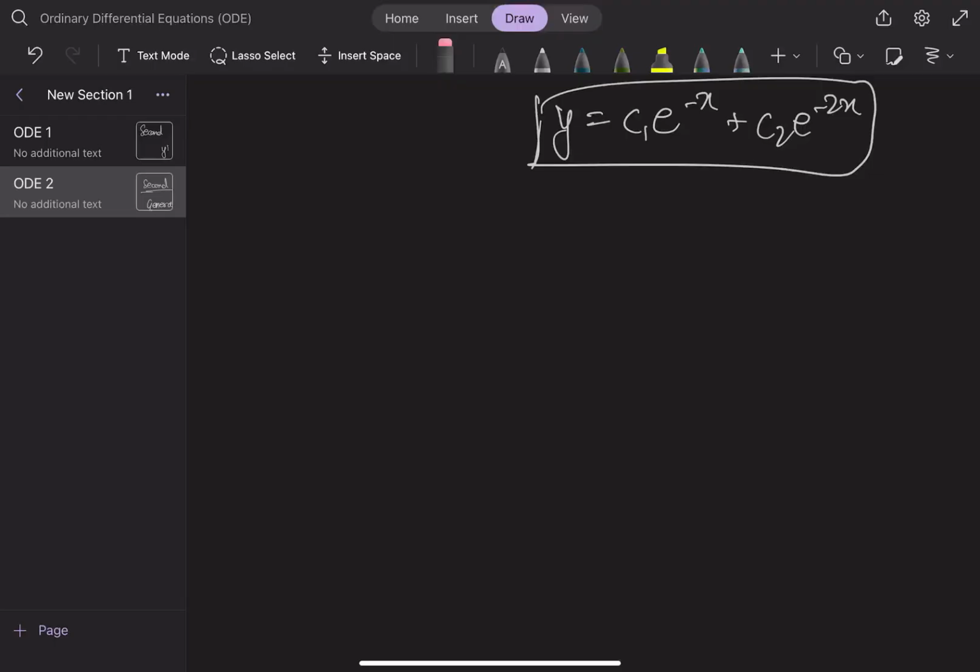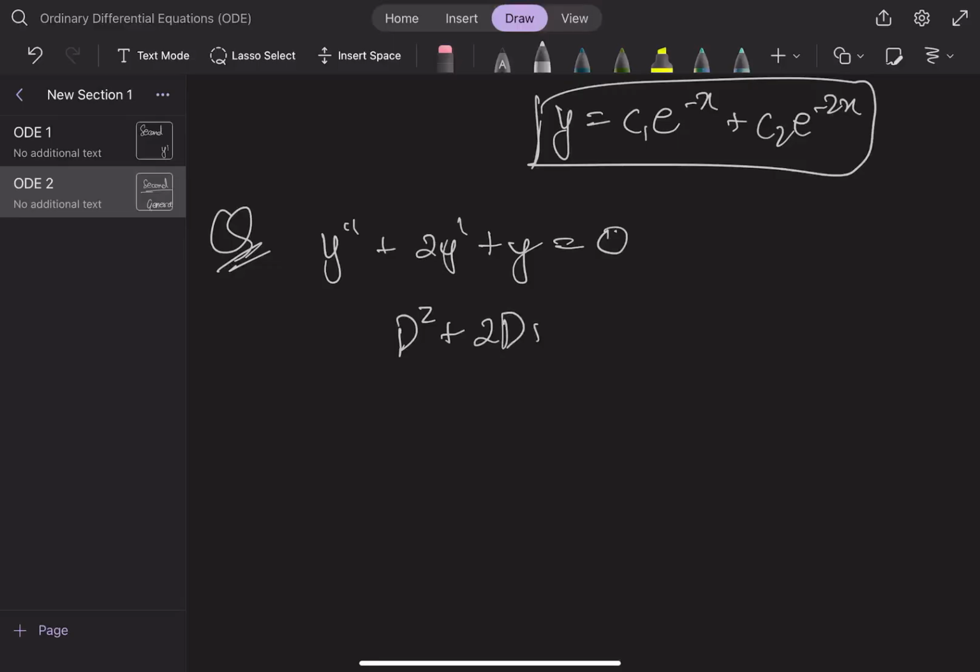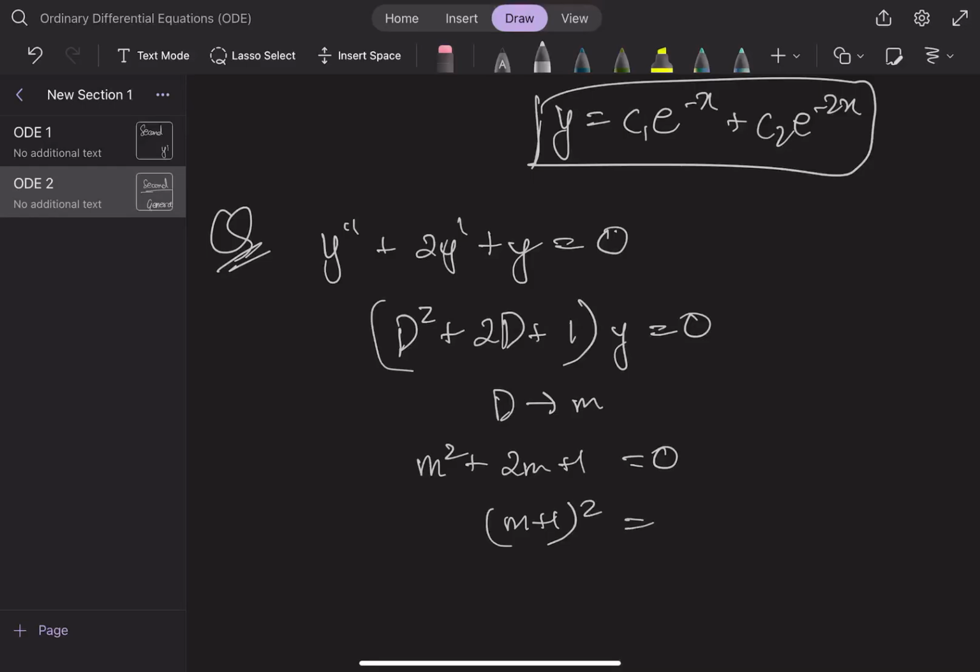Let's look at a second example. Y double dash plus 2y dash plus y is equal to 0. Again, operator form. Now replace D by m. m square plus 2m plus 1 is equal to 0. This is m plus 1 whole square, as you can see.